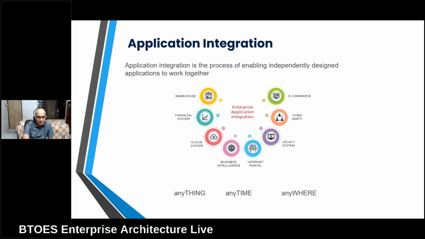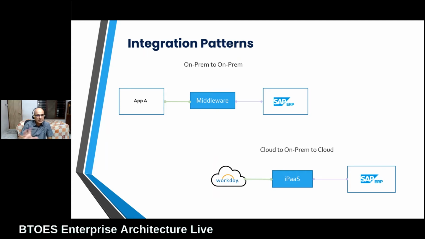Having said that, let's look at some of the integration patterns at a very high level from an application standpoint. Traditionally, on premises, within your four walls, you had an app talking to SAP. I've just taken SAP as representational; it's not the only app it can talk to. App A to app B, in this case SAP, used to have a middleware.